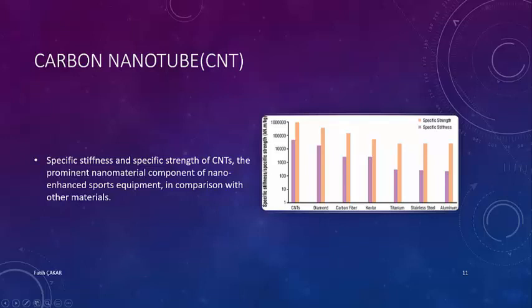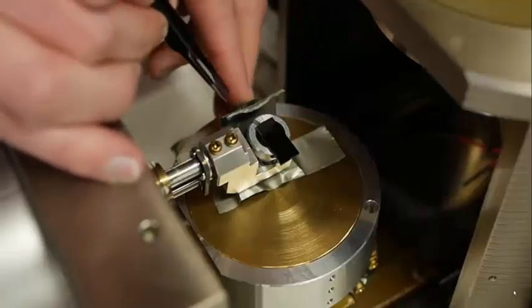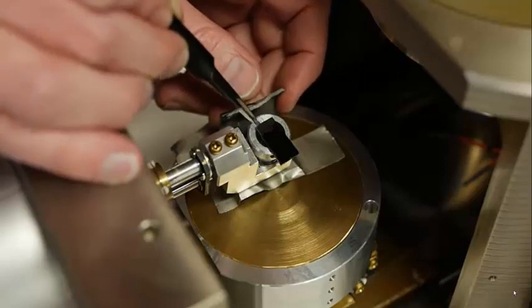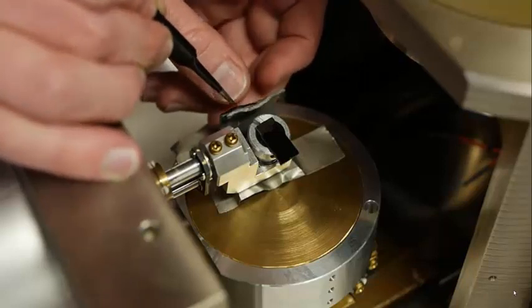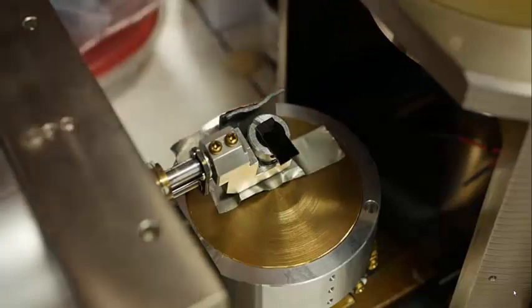Here is the specific stiffness and specific strength of carbon nanotubes, the prominent nanomaterial component of nano-enhanced sports equipment, in comparison with other ordinary materials. This experiment setup is useful for understanding carbon nanotubes. I have added this video to more comprehensively understand how much effect it has on sports equipment.